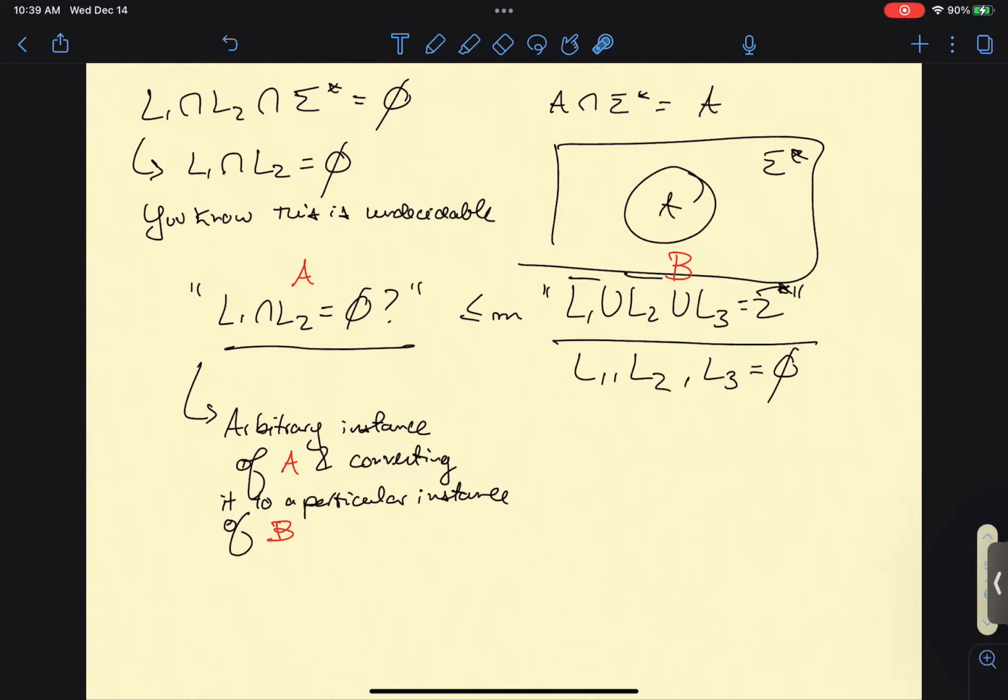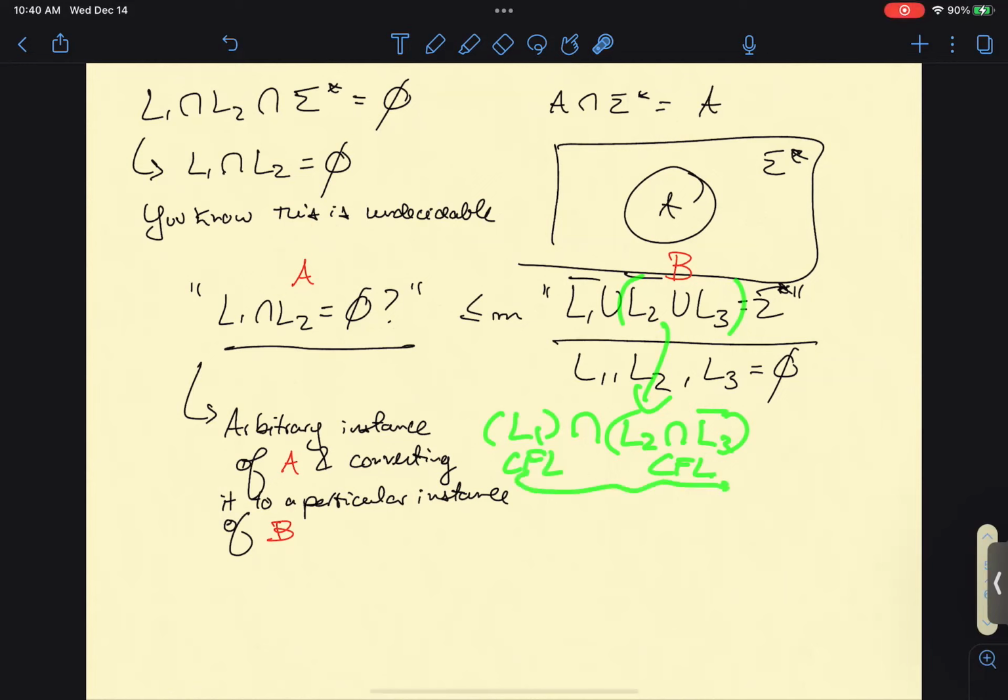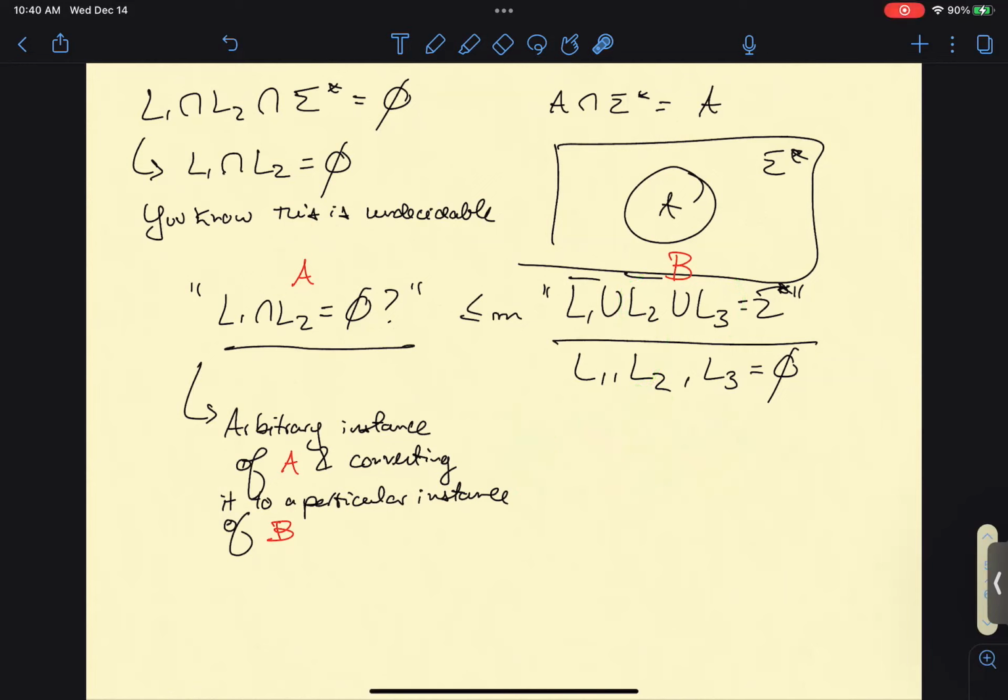Yes, that's a good point. So what was said earlier, right? Because you know that L2 intersect L3 complement is context free, and then you intersect L1, which is context free. So then actually you could just say this, right? This is also arbitrary. Yeah, that would also work.